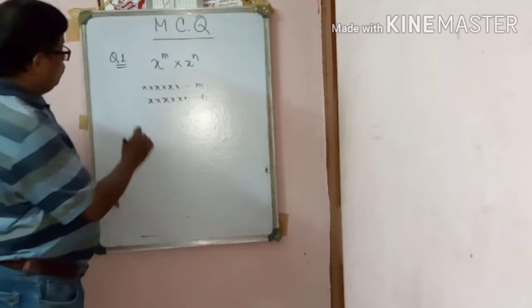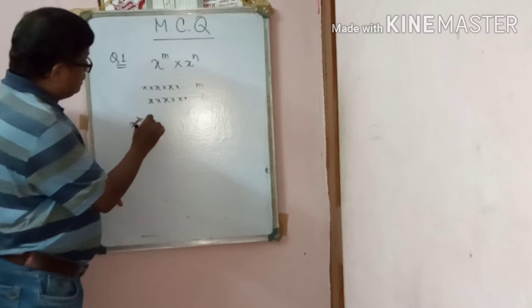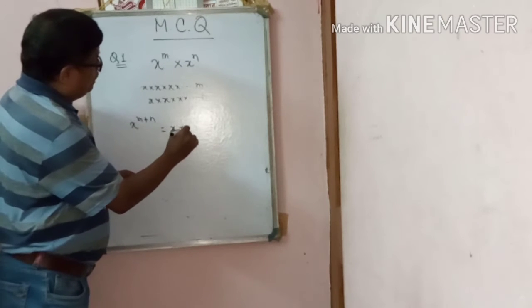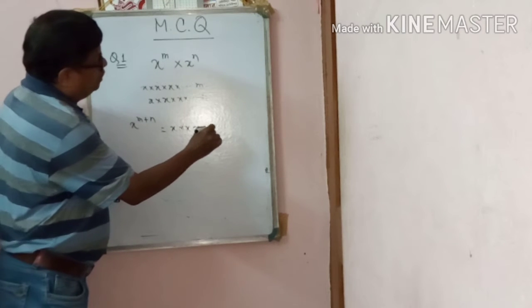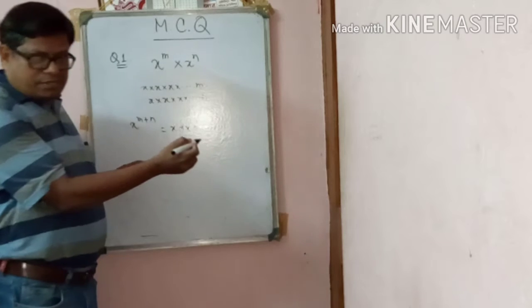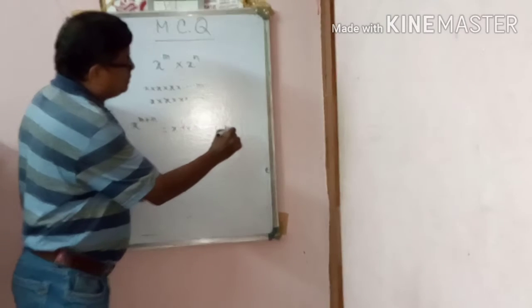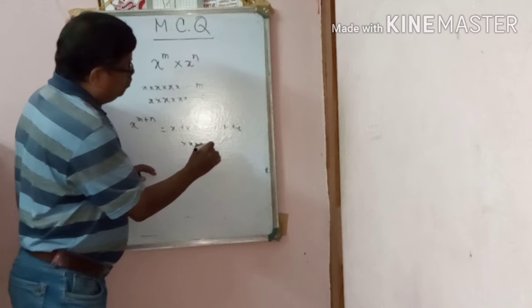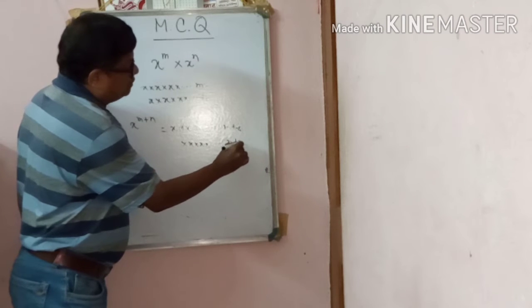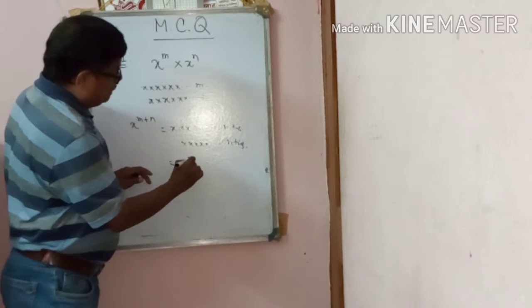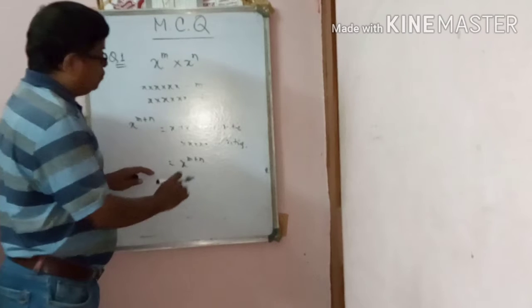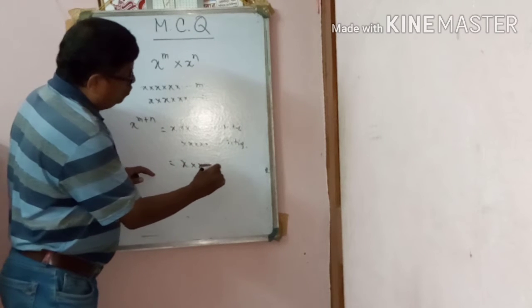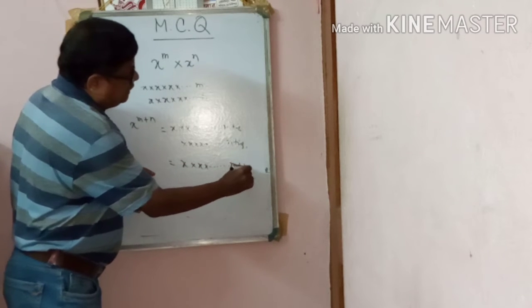Now x to the power m plus n: x into x up to m times, then into x up to n times, so x into x up to m plus n times.